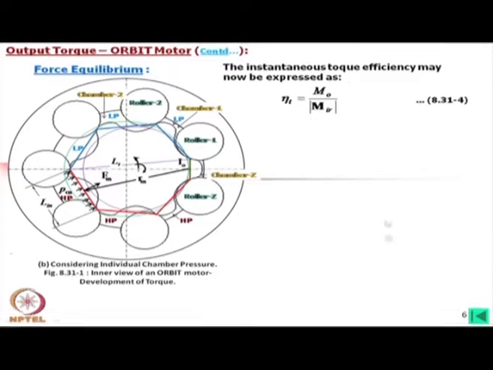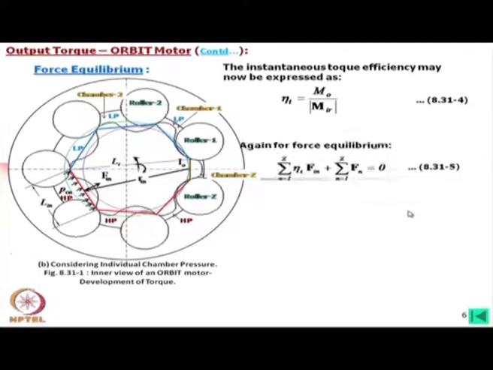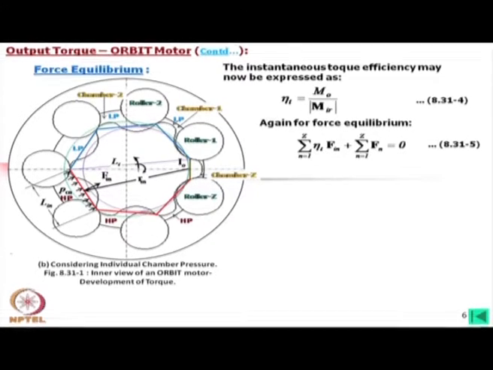Now, the instantaneous torque efficiency: this is the ideal torque and this is the output torque. So, this may be considered as the efficiency.